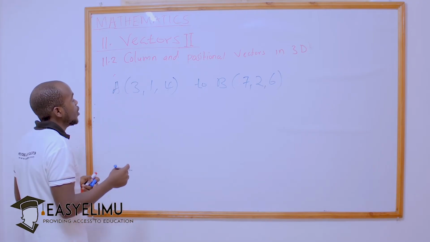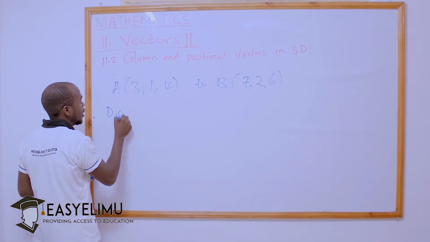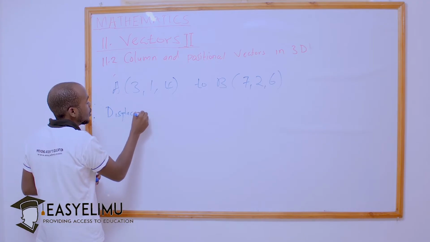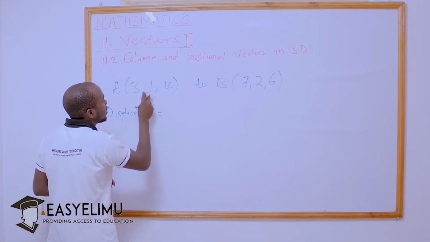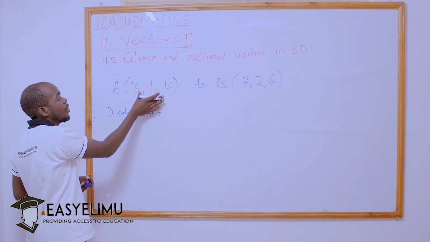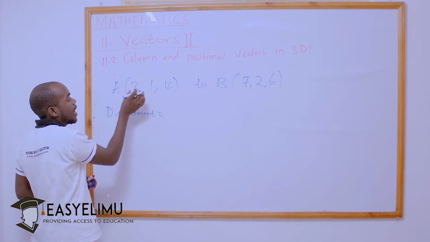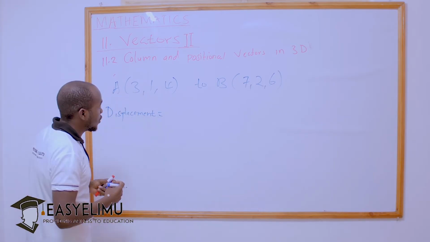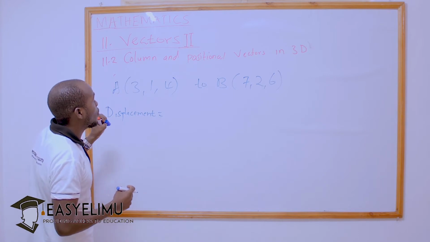So that one will be displacement. And if you find that displacement, you will first write the positional coordinates of this A and B in column coordinates.